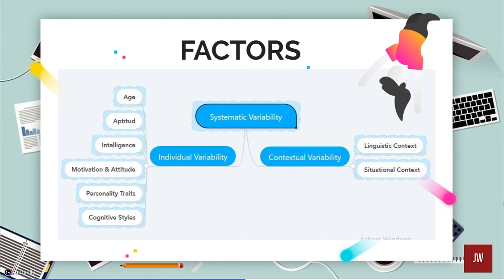This type of variability is also frequent in the production of the target language sounds. That is, different phonological environments cause the learners to produce different phonetic variants of the same sound. The more complex the linguistic context, the more variability it will cause.